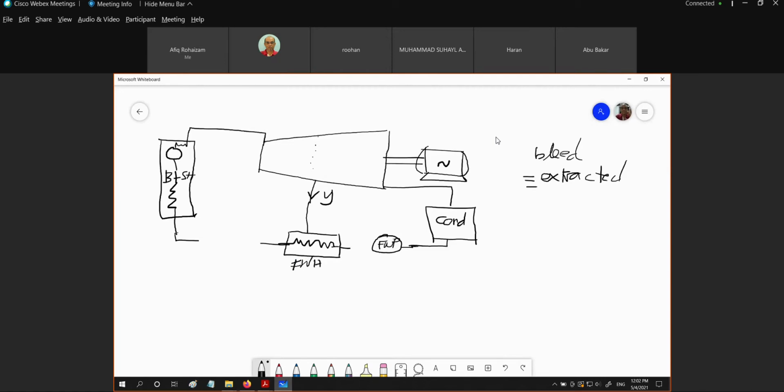Okay. Of course, for a closed type of feed water heater, we have 2 inlets and 2 outlets. Right?